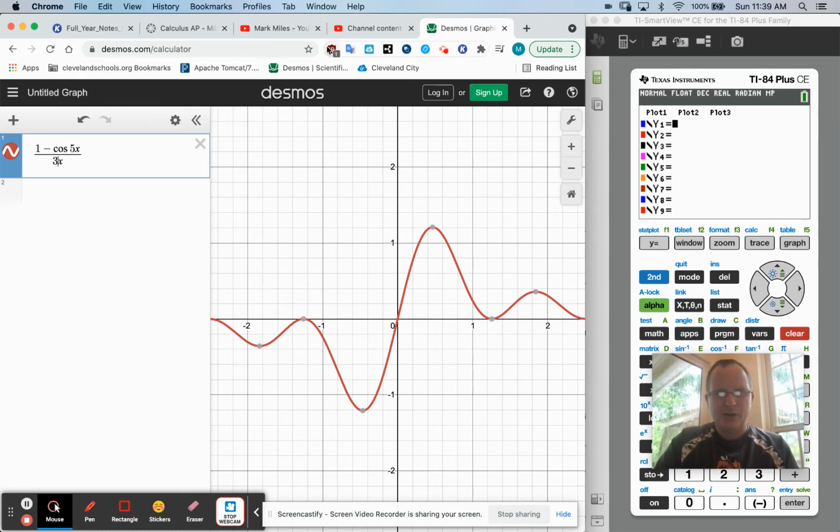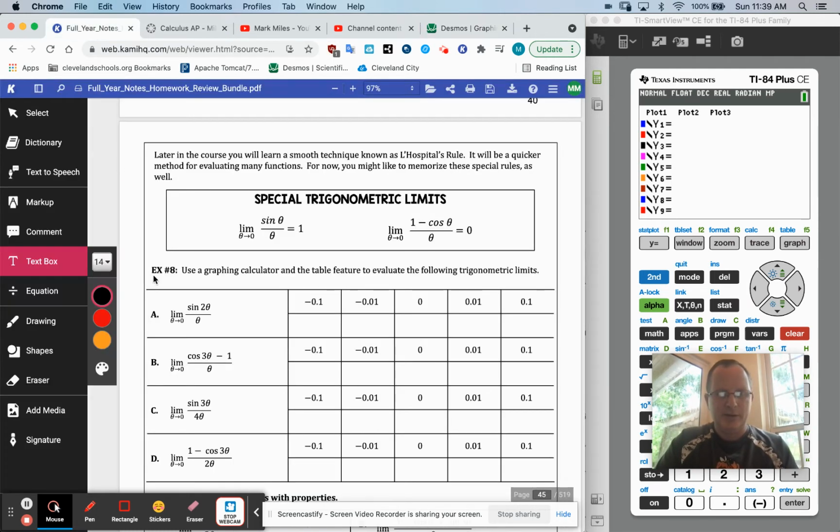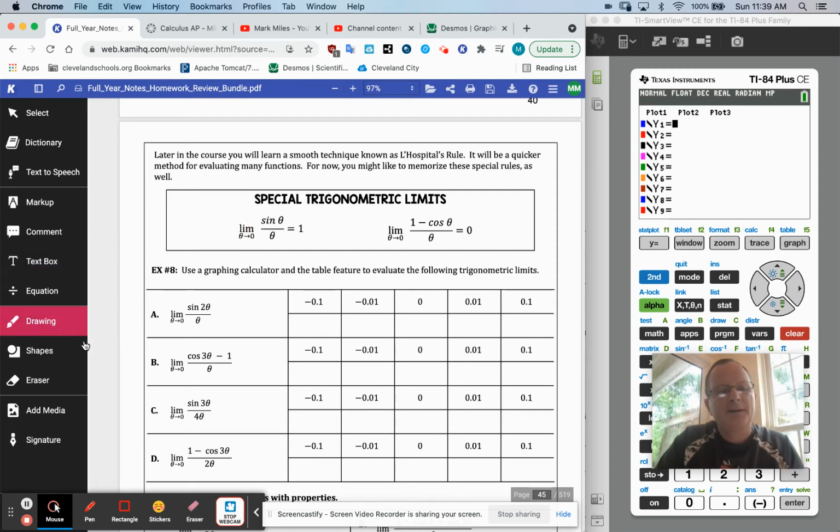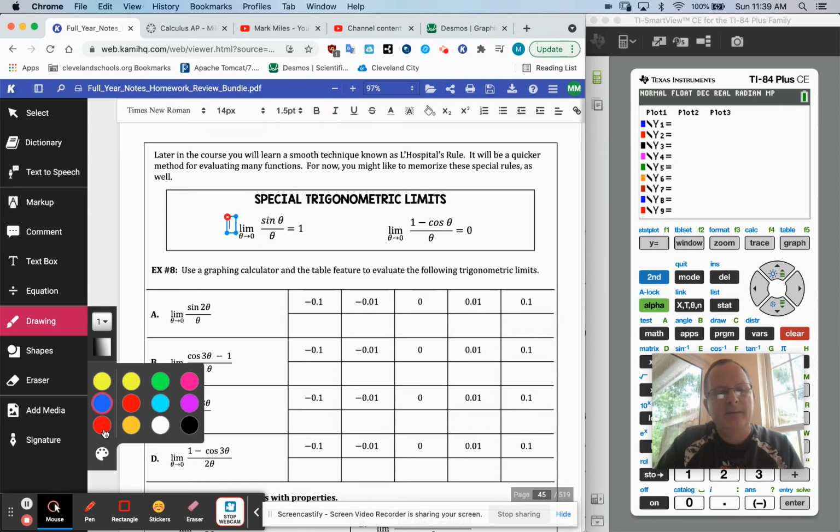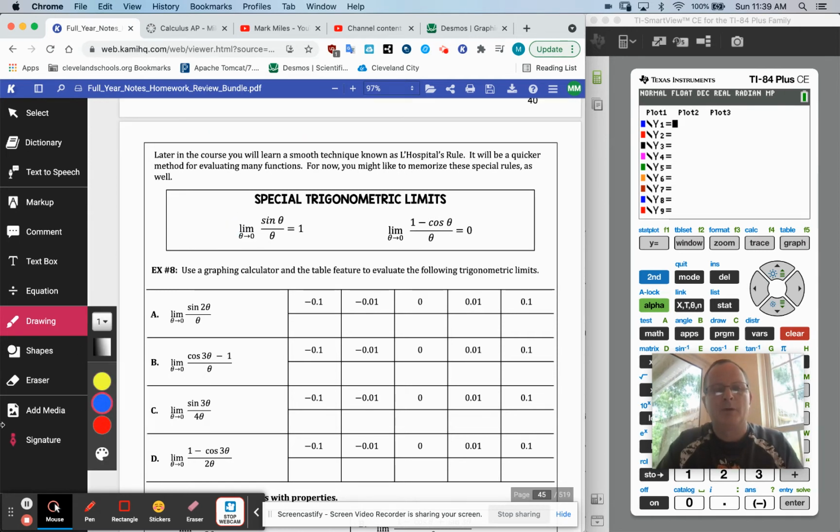So let's generalize that here. They didn't do that here, but I kind of want to. All right. So off to the side, I'll go with the blue.